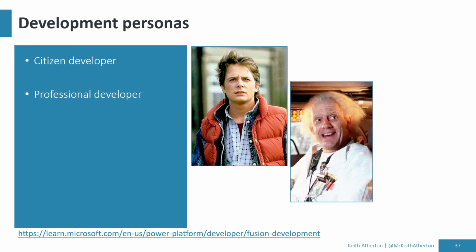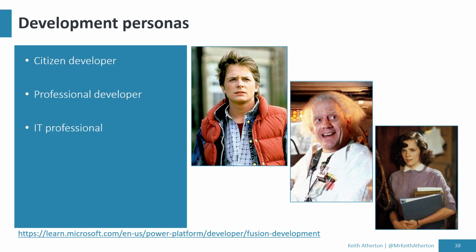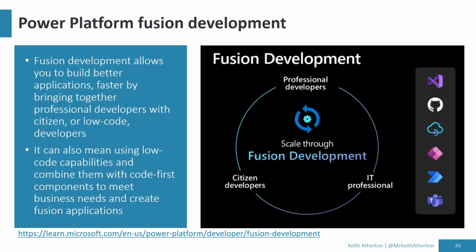A professional developer, someone who is maybe familiar with code, running scripts and things like that. And also an IT professional, someone who maybe deals with the DevOps or deployment of solutions as well to different environments. So looking at these three, we'll see how they can work together in a Power Platform project.